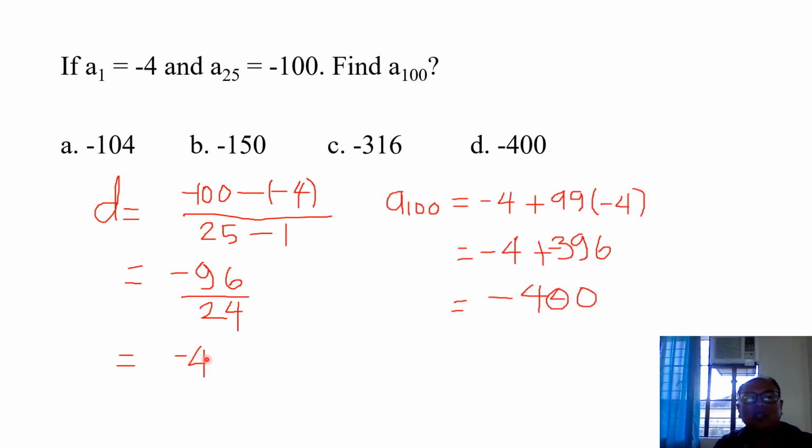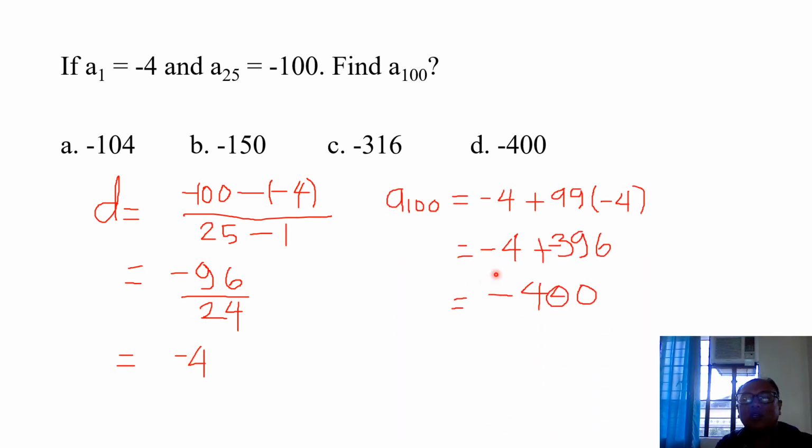So after having now your common difference, we are going to replace that in the nth term of an arithmetic sequence. So that is a sub n, and we have the 100th term equals the first term plus n minus 1 times d, so that is equivalent to 99. 100 minus 1 is 99, and the common difference is negative 4.